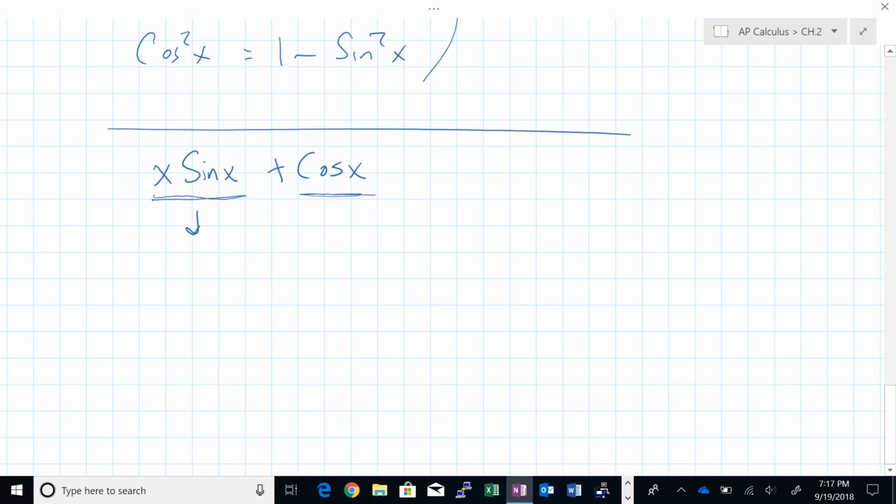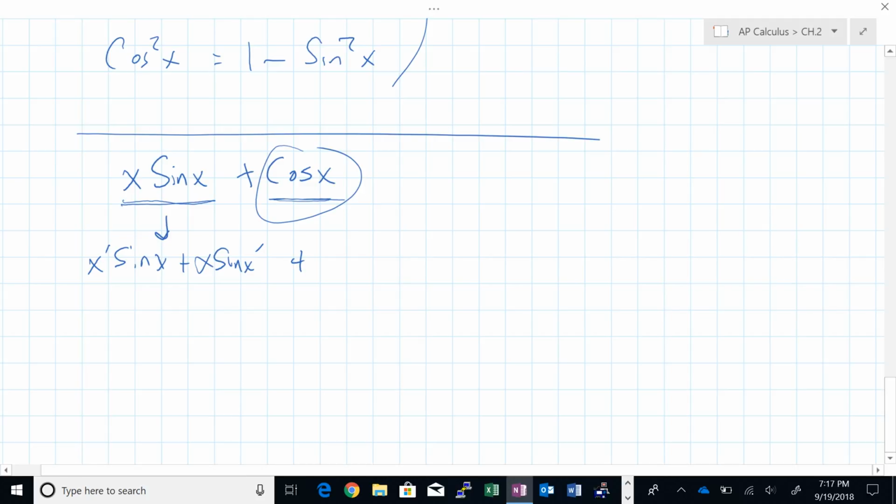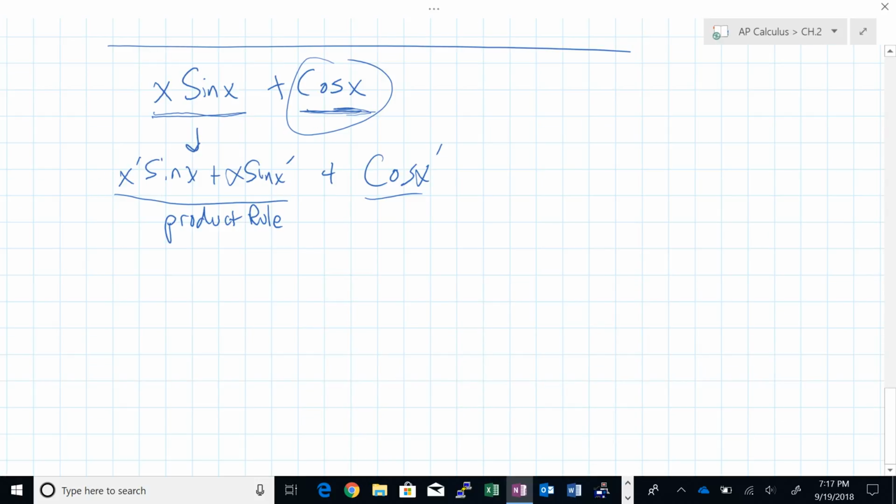This part is the product rule, so that would be derivative of x times sine of x plus x times the derivative of sine. And then this is its own little guy down here. You just do cosine of x prime by itself. So then to finish this, the derivative of x is 1. So sine of x plus x times the derivative of sine, which is cosine. And then you got cosine of x like that.